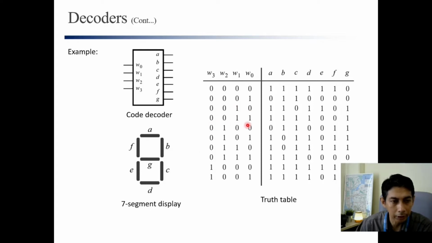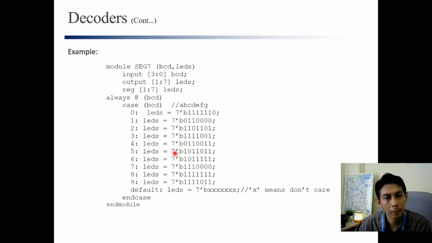For example, for number 3, which LEDs do we need to turn on? So we use the 7-segment decoder to do that. This is the code for the decoder, which I believe we learned last week. This code is also behavioral, and we use the case statement to define the output of the 7-segment decoder.